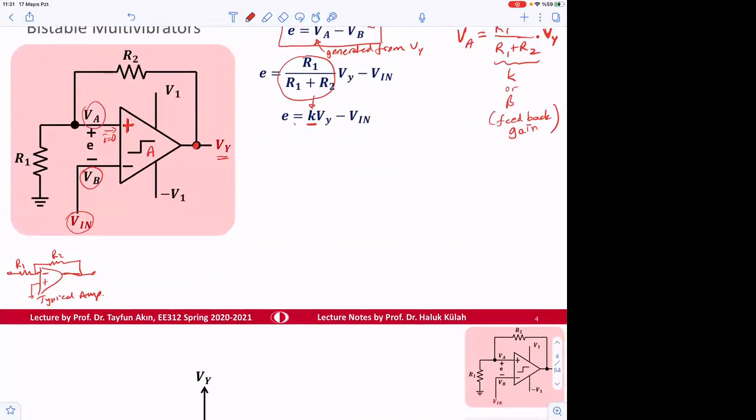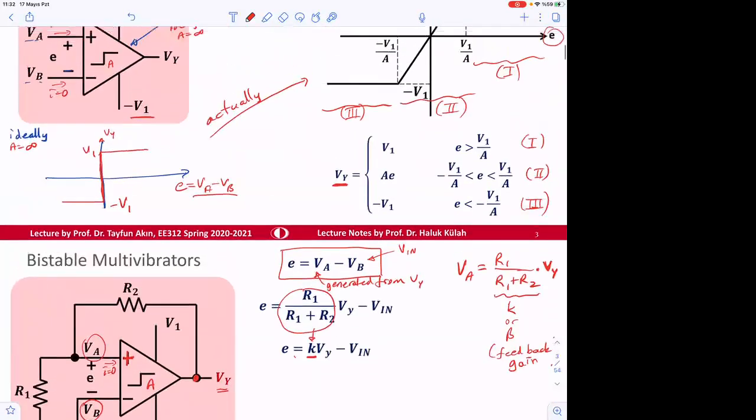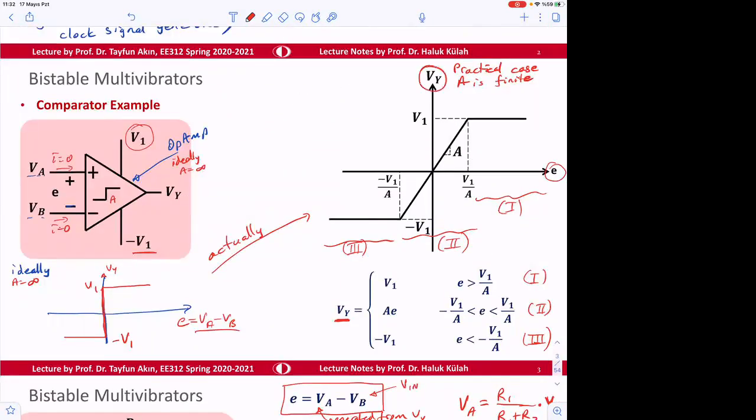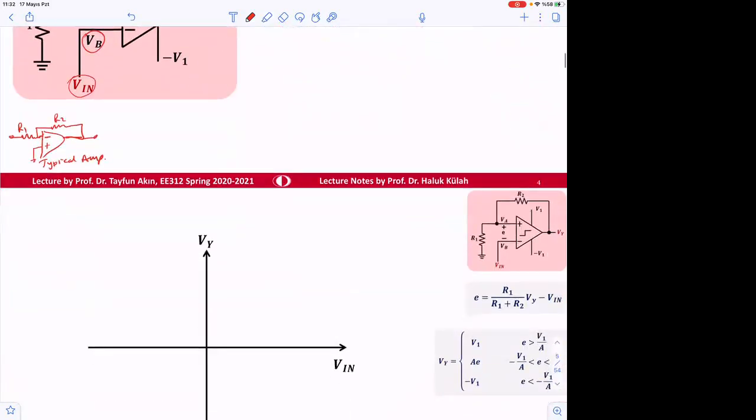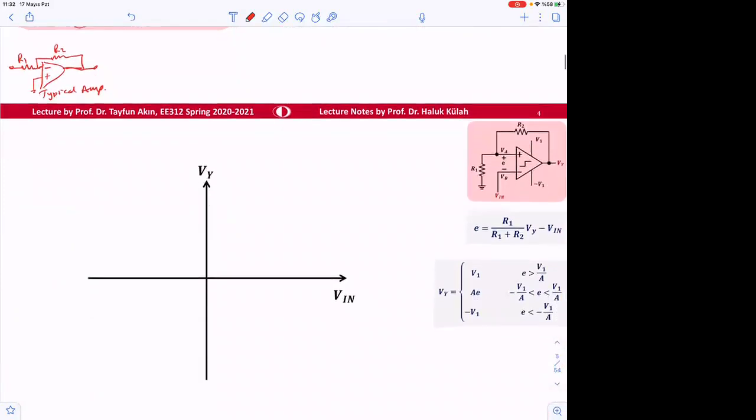We know that VY depends on E, in 3 cases here, so it will be different for each case, but the gain is going to be A. If A times K is less than 1, typically this is not going to be the case.